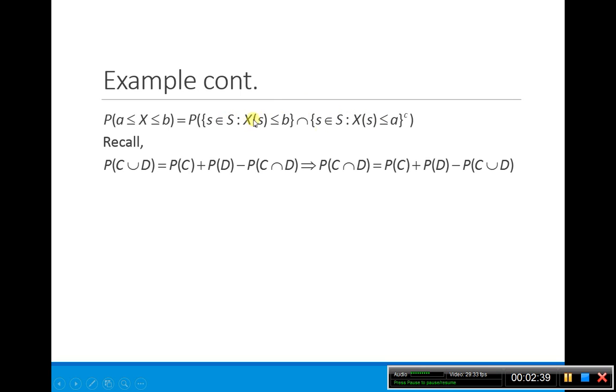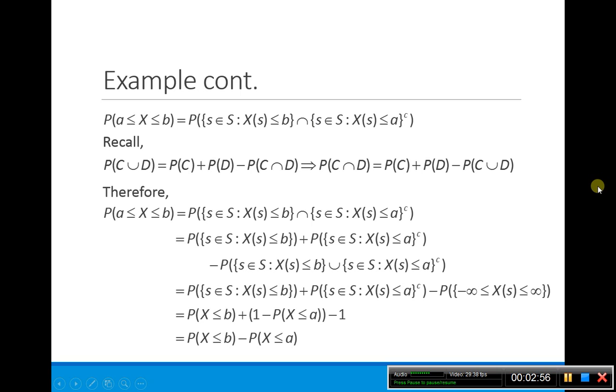Okay, so now we're going to use that up here to find a formula for the probability that X lies between little a and little b, using only the probability of X less than or equal to B and the probability of X less than or equal to A. So this first line is the exact same as up here.